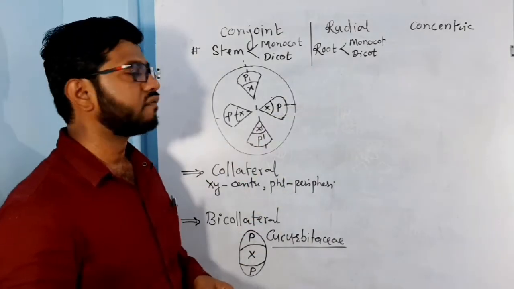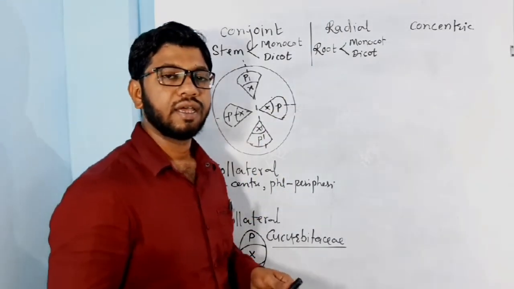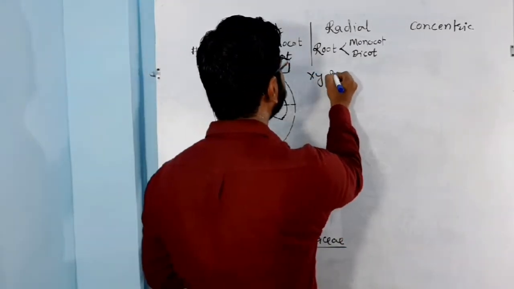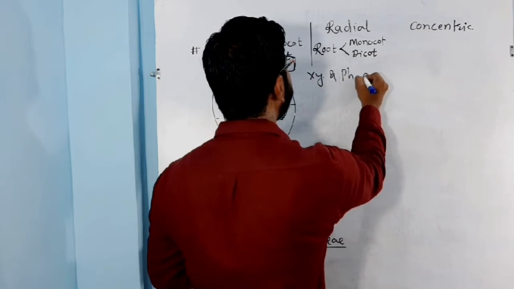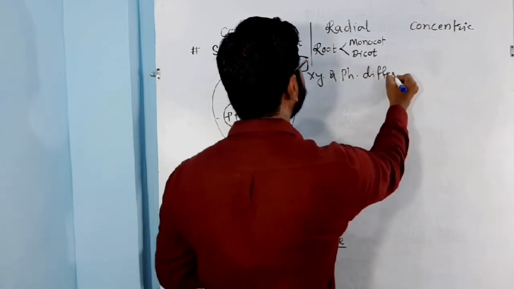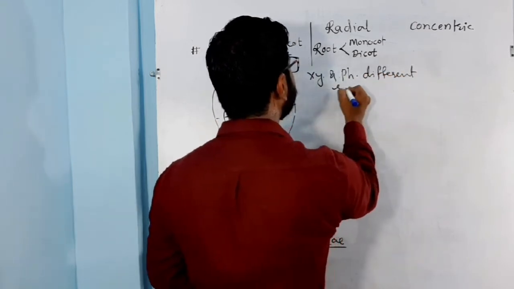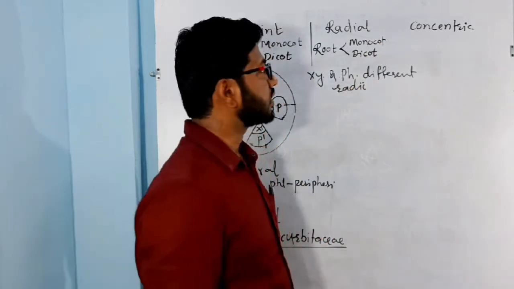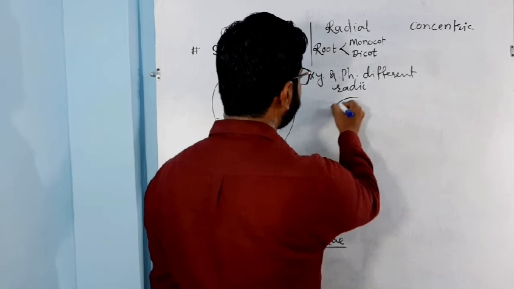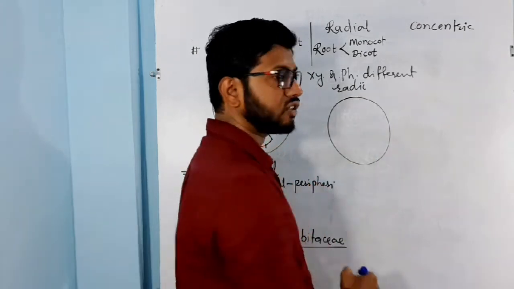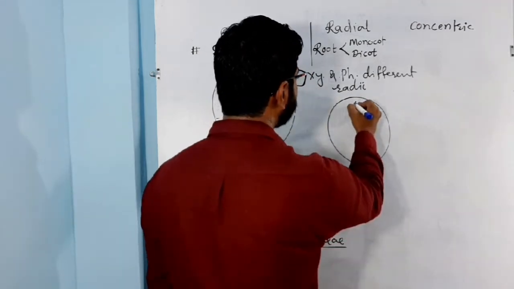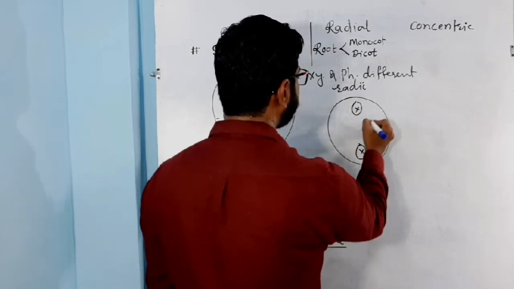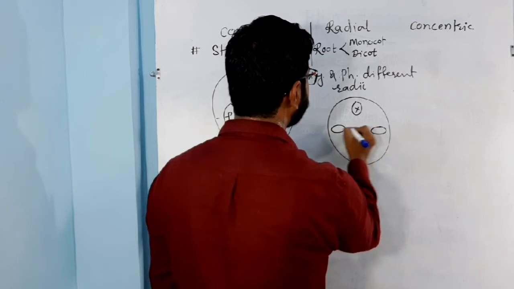Now second type of vascular bundle is radial. In radial vascular bundle, xylem and phloem occupy different radii. They are present on different radius. So for this radial vascular bundle, let us consider this is transverse section of the root. These are the xylem on one diameter.